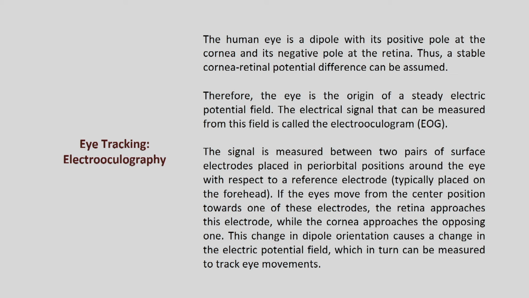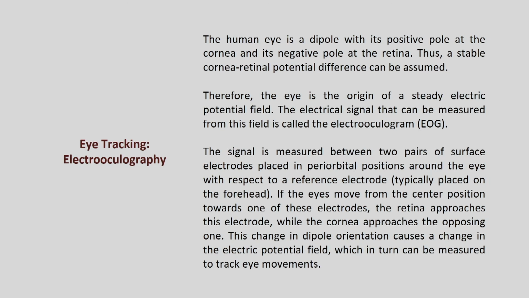So, how are we going to measure it? Take an example. We place two pairs of surface electrodes, because we really cannot do anything intravenous. So, we place surface electrodes in periorbital positions around the eye, with respect to a reference electrode. If the eyes move from the center position, like suppose I am looking here, and my eyes move in this direction, then what will happen?